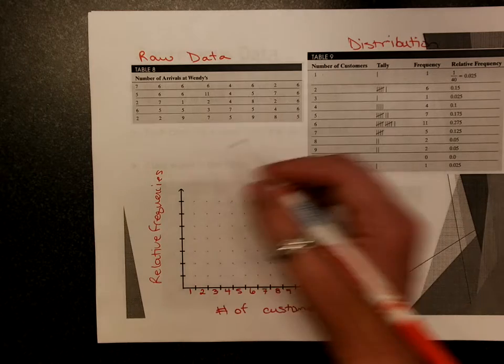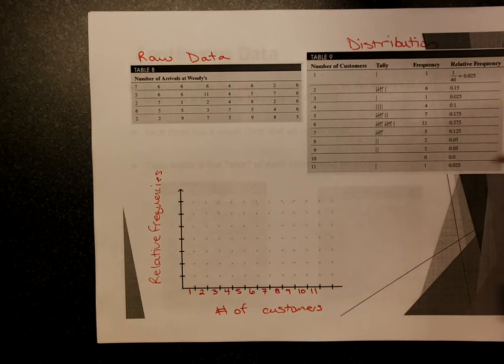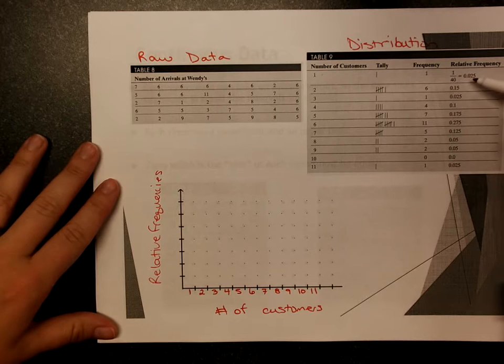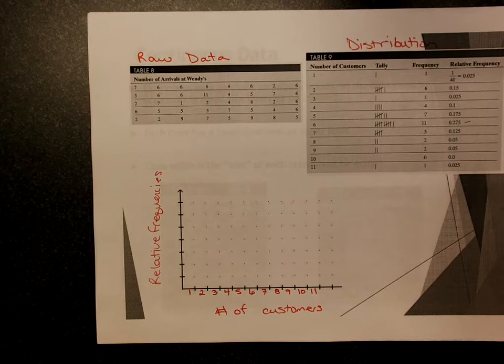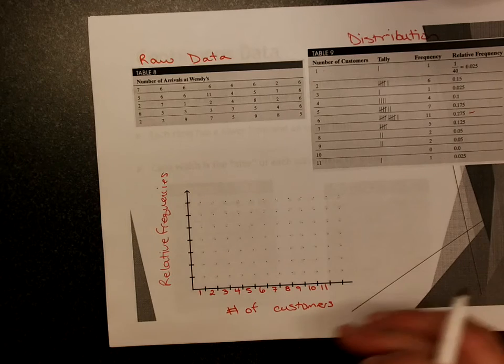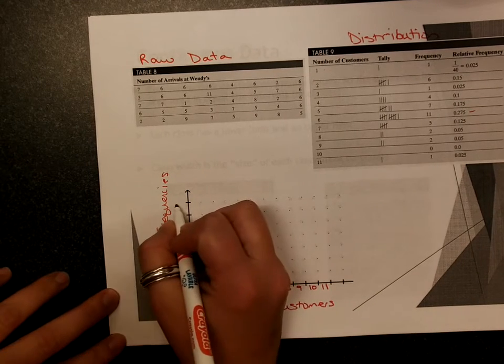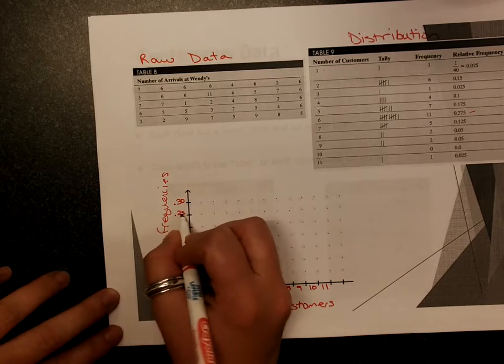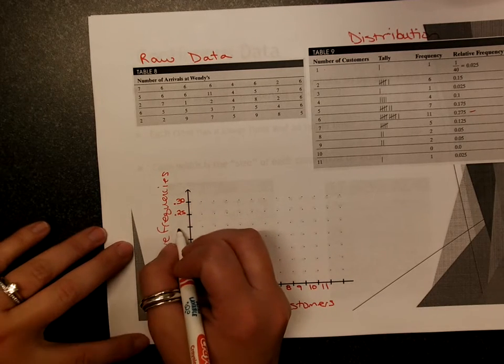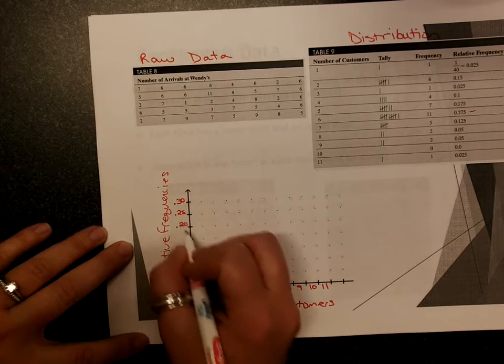And we're going to figure out, looking at the relative frequencies, we're going to find the highest, which looks like 0.275. And that way it'll help us know how far to go on the side. If we go up to 0.30, we can count by 0.05s.